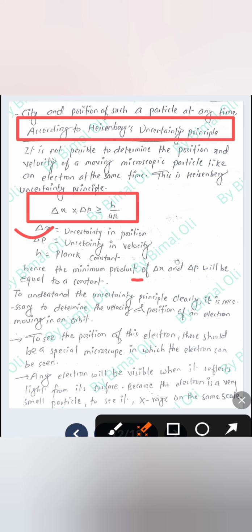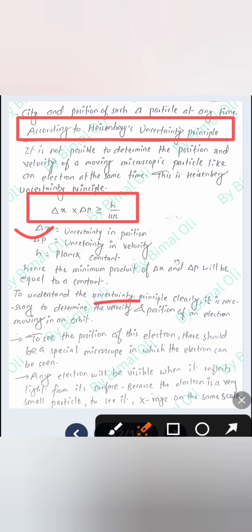Hence, the minimum product of delta x and delta p will be equal to a constant. So, therefore, it is not possible to determine velocity and position at any time or simultaneously.